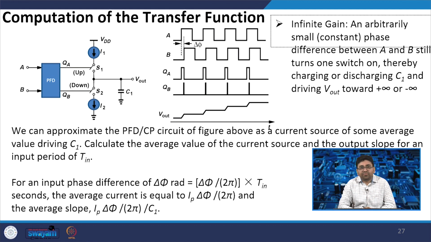For an input phase difference of delta phi radians, the time is delta phi by 2 pi times T in seconds, and the average current is equal to Ip delta phi by 2 pi. So the average current is this, and the average slope is Ip delta phi by 2 pi divided by C1.